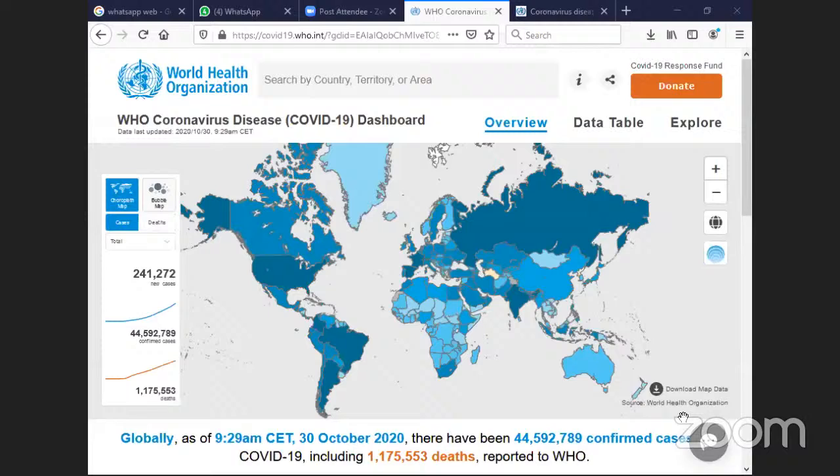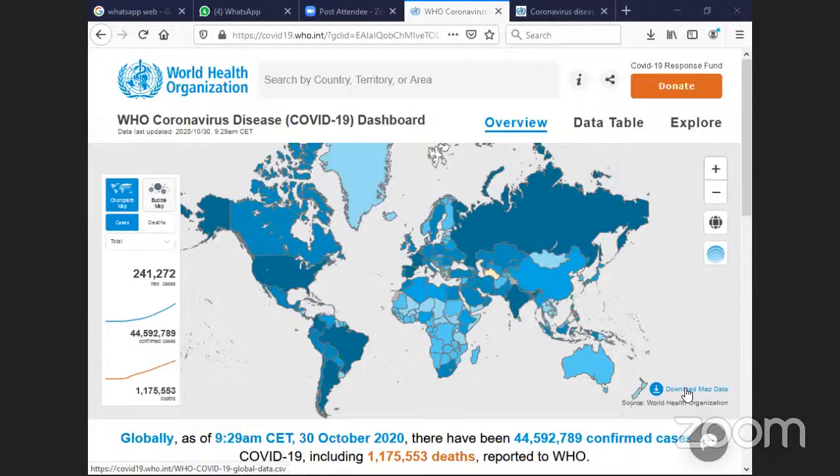So WHO is doing a lot of analysis, and it has given the information on this website with respect to COVID-19. There is a link given here to download. You can get the complete data, downloadable as a CSV file. So you can see here, download.